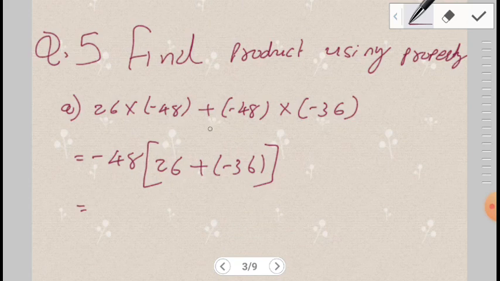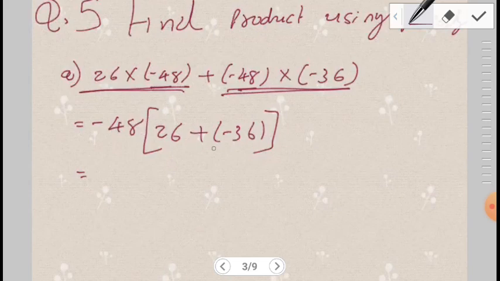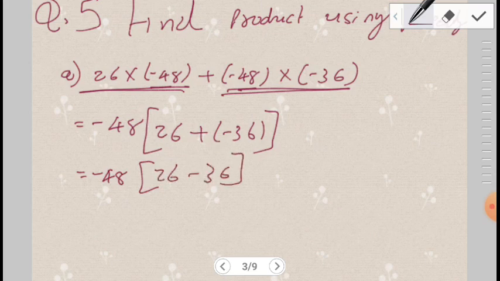We can say that if I take common 48, minus 48, from both groups, then in the bracket I will get 26 plus minus 36.